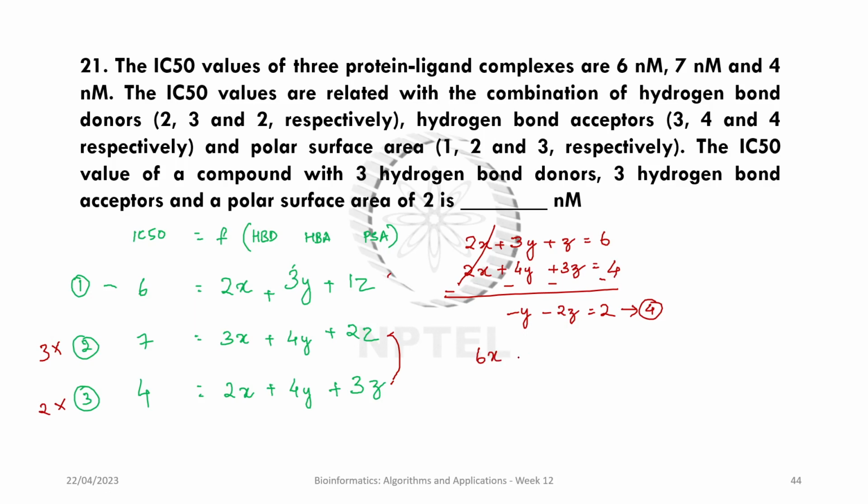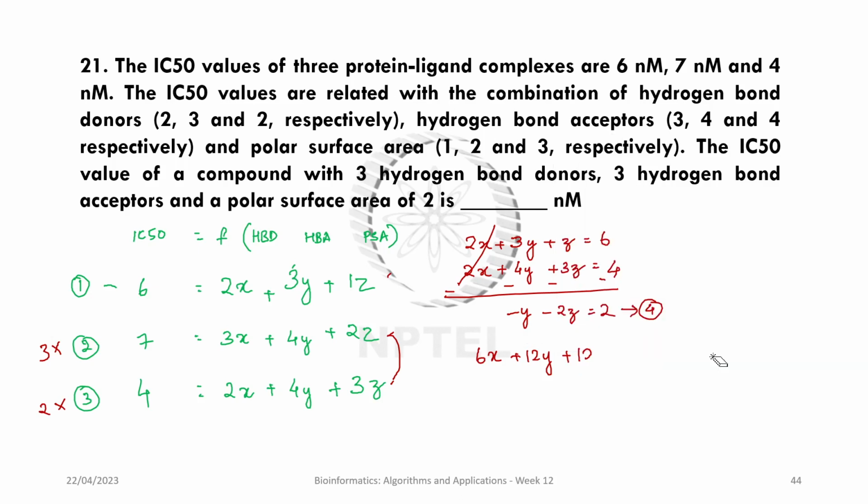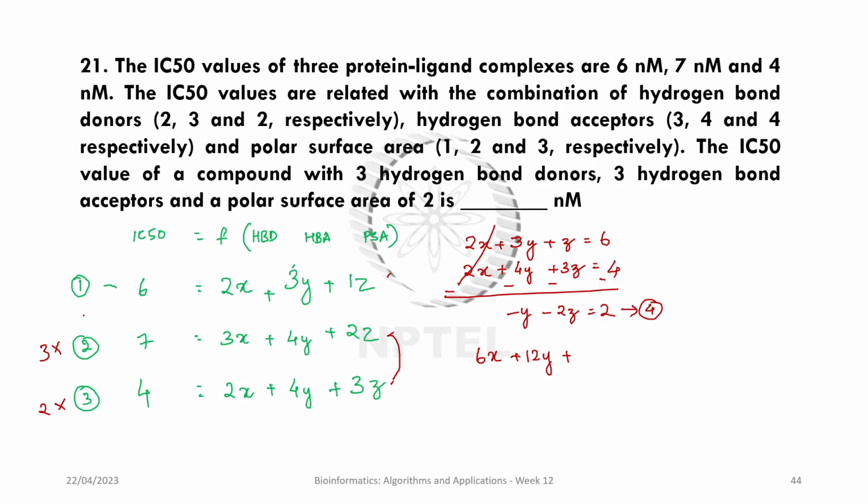So 6x plus 12y plus 3 2s are 6z is equal to 7 3s are 21 and 2 into, oh, did I just okay.